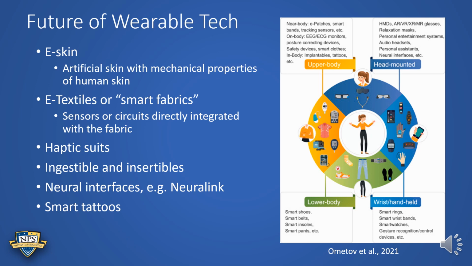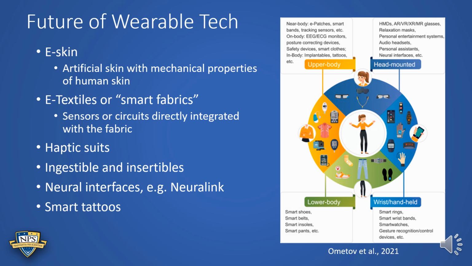Next is e-textiles or smart fabrics, which have sensors or circuits directly integrated with the fabric and can communicate with an app or a separate device. Next is haptic suits, so full or partial body haptic feedback systems to allow for deeper immersion into various reality applications. You may have seen a version of this in the movie and book Ready Player One.